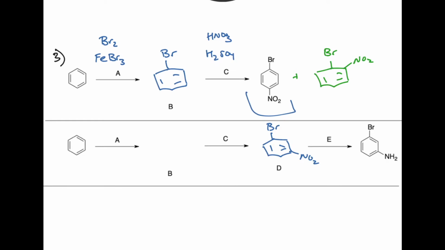Now that you have that, you can see, okay, NO2 directs meta, bromine directs ortho-para. Which one do I want to put on my ring first since I have my groups meta? NO2. Great, and then we know how to do this.